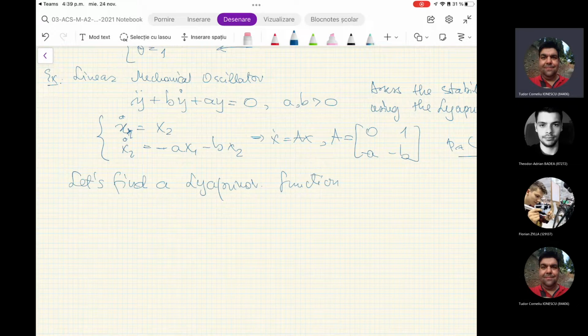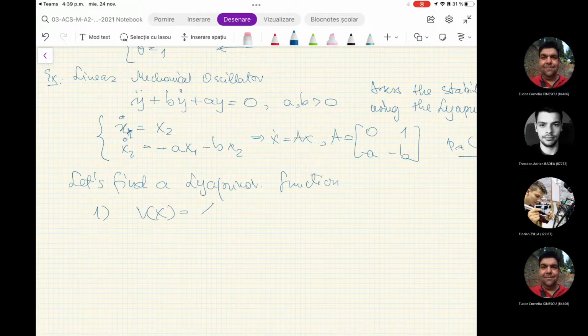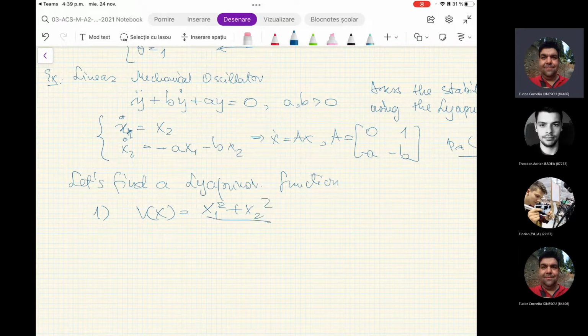The first Lyapunov function that comes to mind is V(x) equals half of x1 squared plus x2 squared. So position squared plus velocity squared, potential energy plus kinetic energy. Then dV/dx is x1, x2, and V dot of x is dV/dx times f(x).